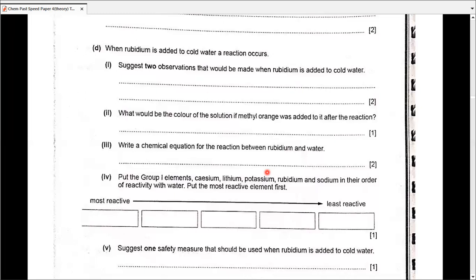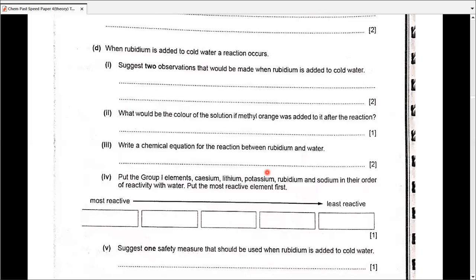Rubidium metal reacts very rapidly with water, and so a colorless solution of rubidium hydroxide and hydrogen gas is formed. Come on, observation means what you can see in front of your eyes. Do you see hydrogen gas coming out?